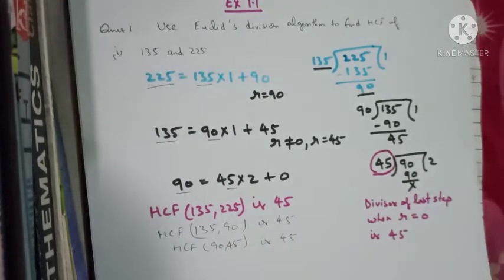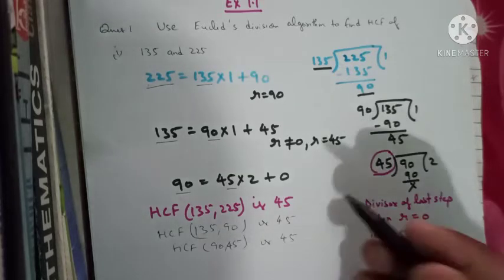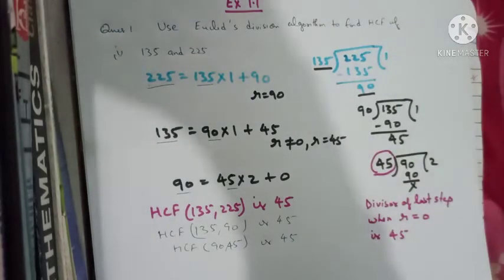Means at every step the HCF of the divisor and dividend will be 45 only, although the question is over at this step only.